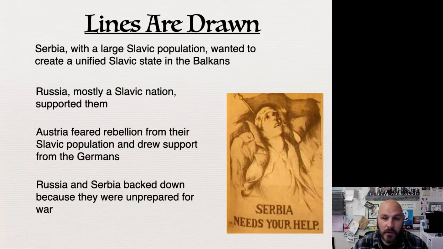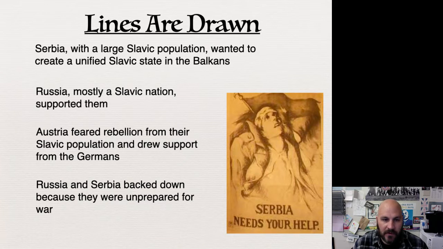Well, as you know, in our alliance piece prior, one of our causes of World War I, the Austro-Hungarian Empire had formed an alliance with Germany. And so Germany swore that if the Austro-Hungarian Empire went to war, the Germans would support the Austro-Hungarians. So as you can see, this is where these dominoes are going to begin to fall. In effect, if one nation declares war, another one will declare war as well.